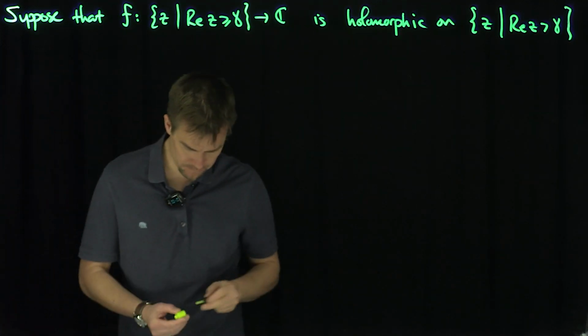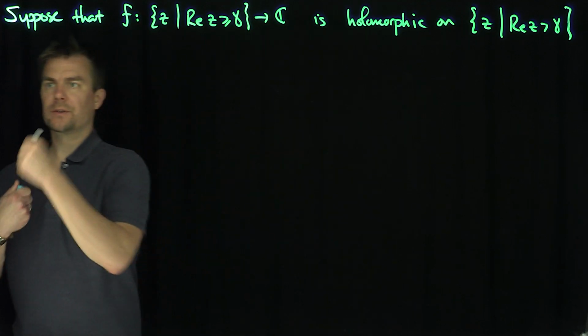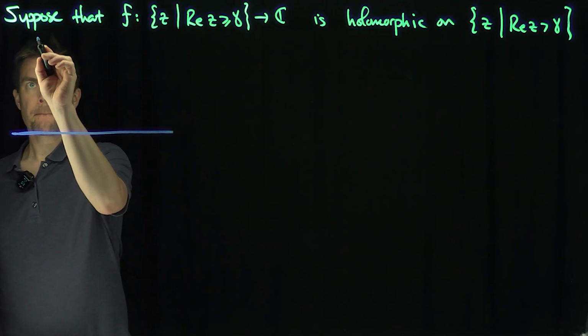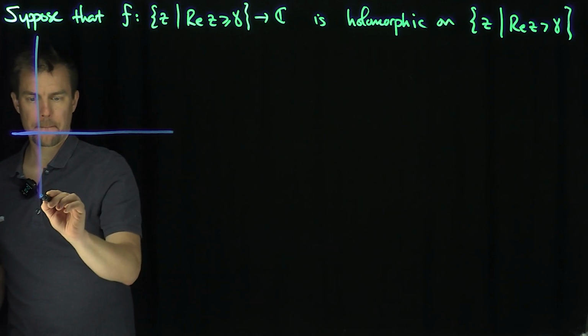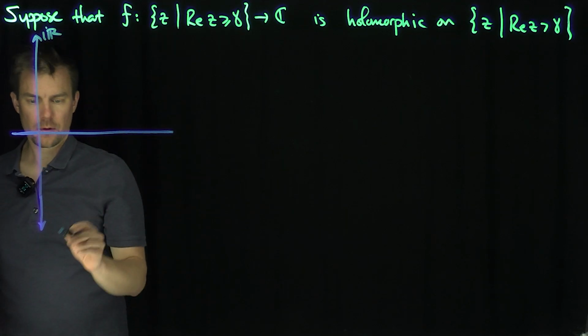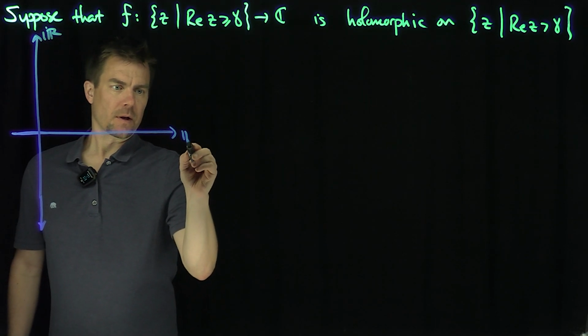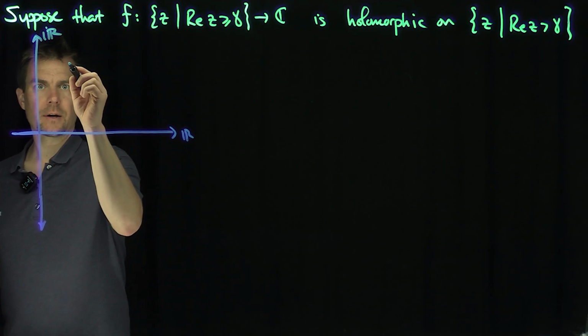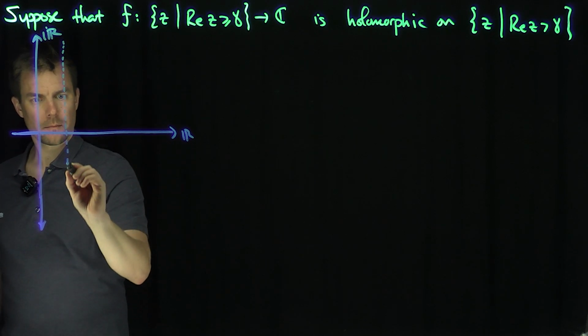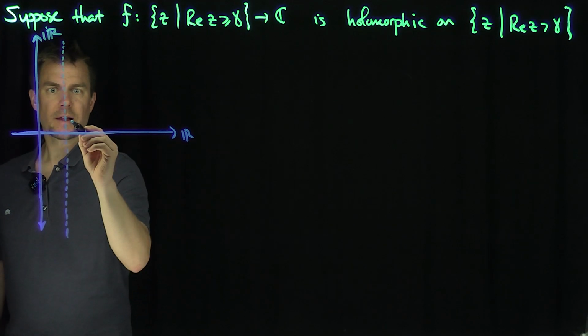So let's draw it out. Here's the complex plane, like that. There's the real axis, R. And then here's gamma over here. That's the value gamma.